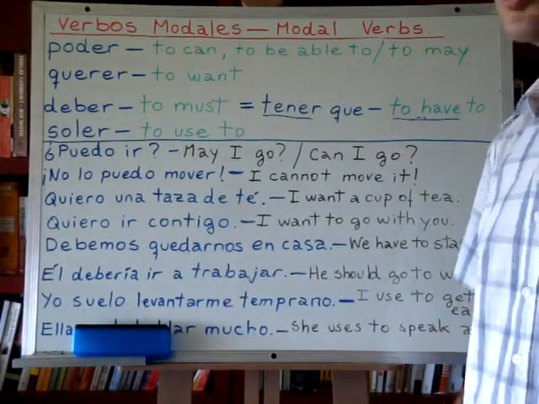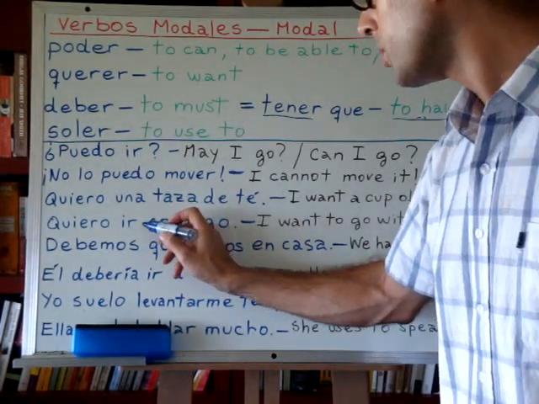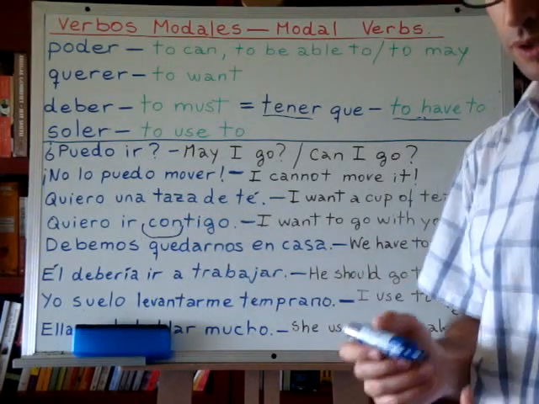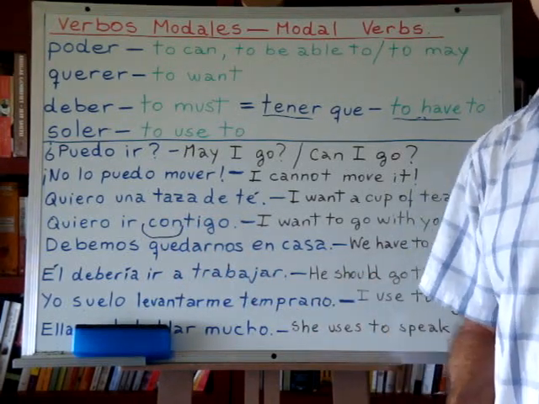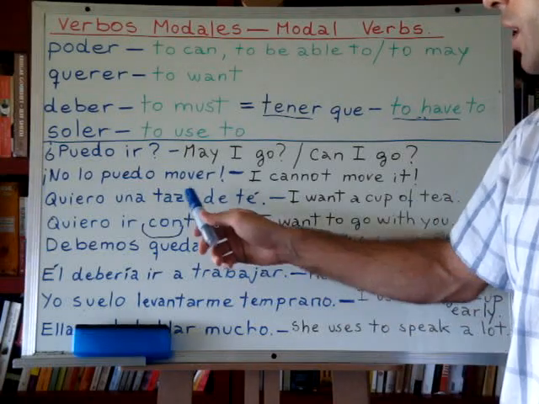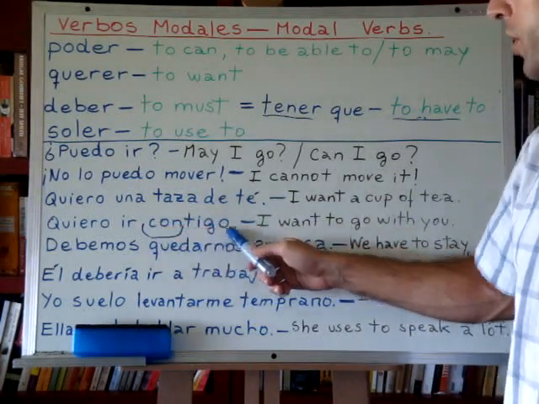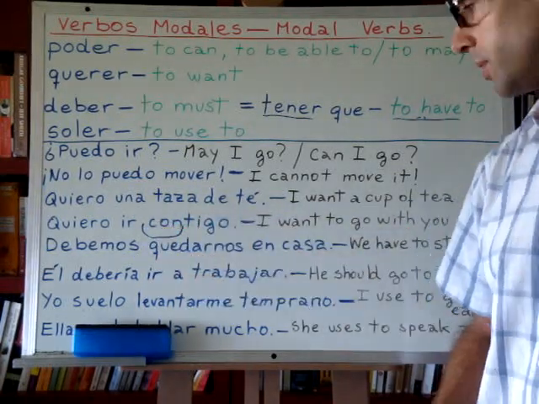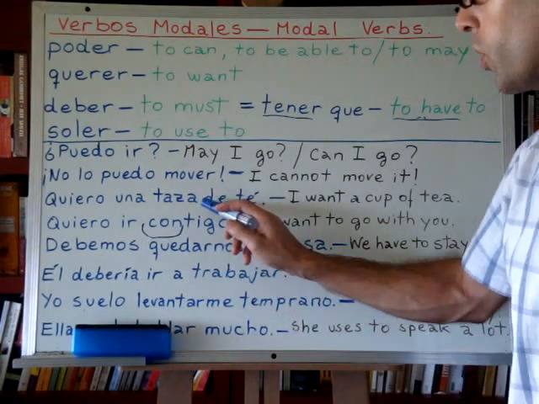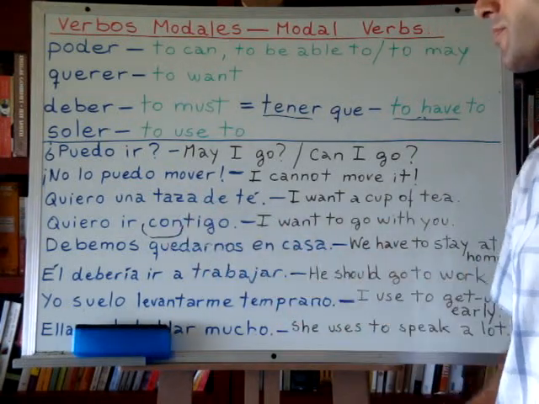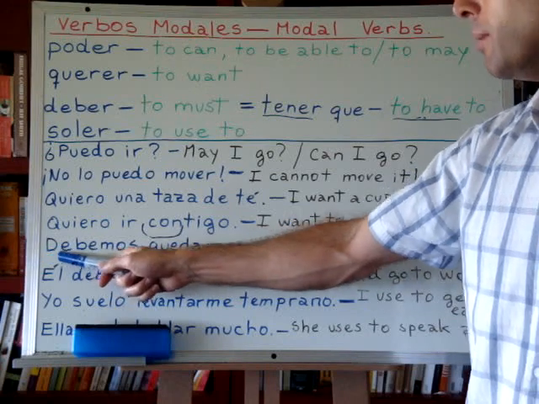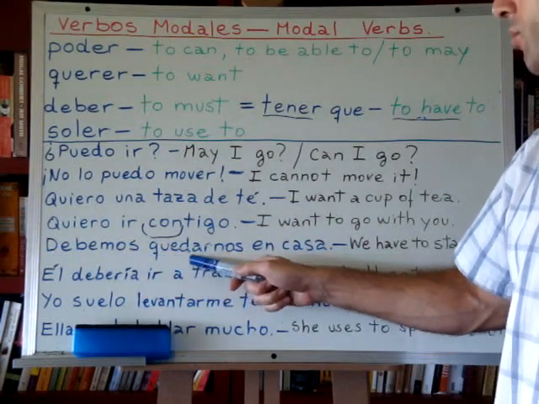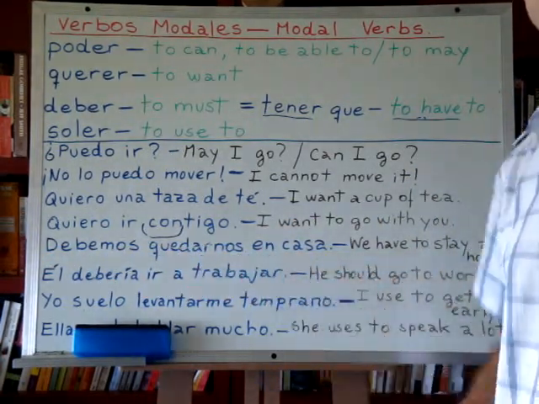Look at the word contigo. Con means with. Okay? To say with you, there is this word that means with you, contigo. Okay? It's just one word. Debemos quedarnos en casa.